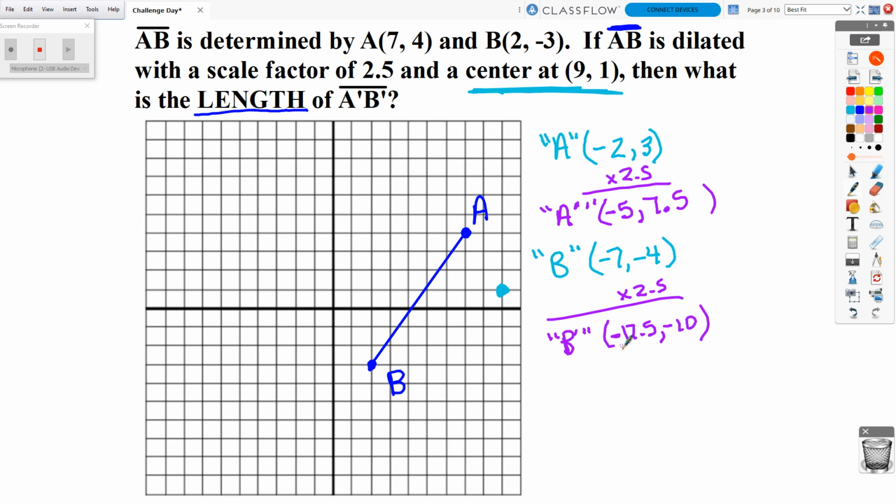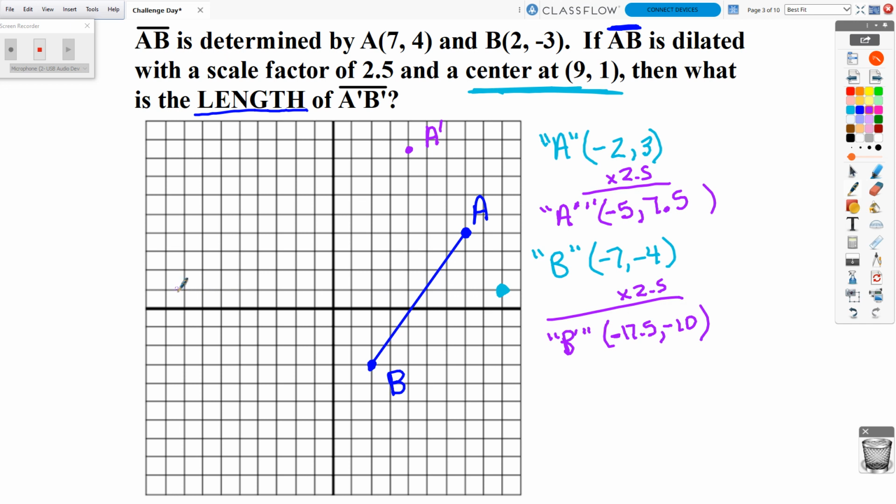All right, so now let's graph these points. So -5, 7.5. But remember, you've got to start from the center of the dilation. So 1, 2, 3, 4, 5, and then up 1, 2, 3, 4, 5, 6, 7.5. So there's A prime. And B prime, man, 17.5. 1, 2, 3, 4, 5, 6, 7, 8, 9, 10, 12, 13, 14, 15, 16, 17.5.